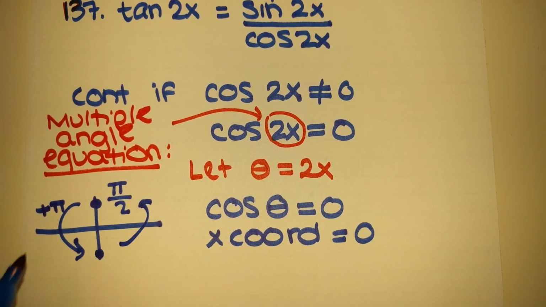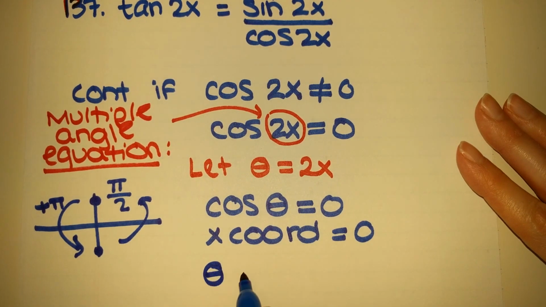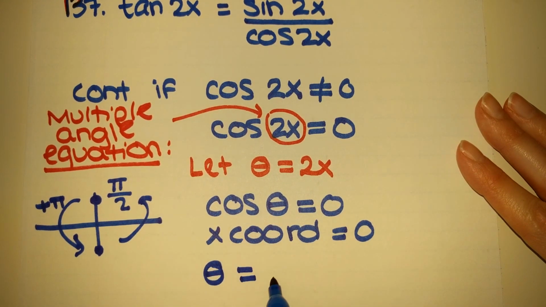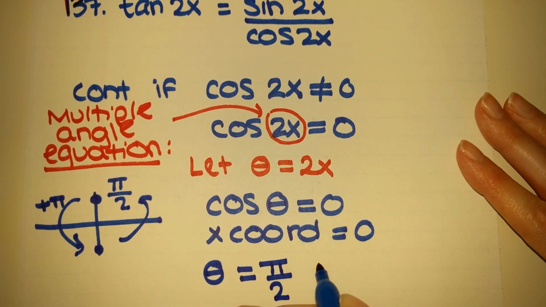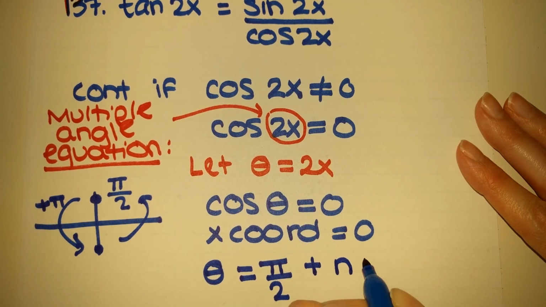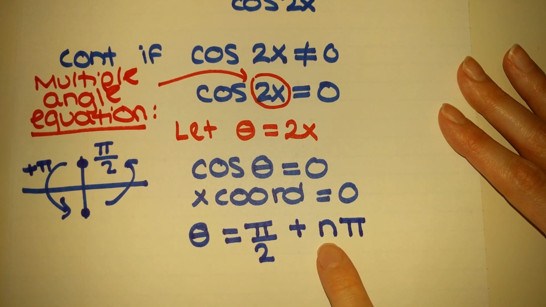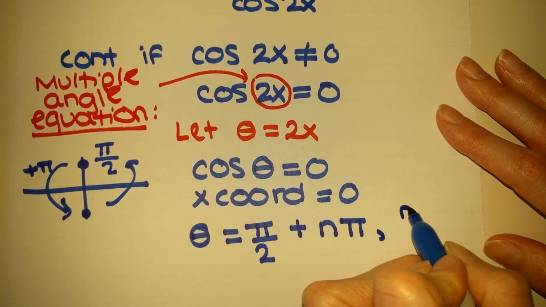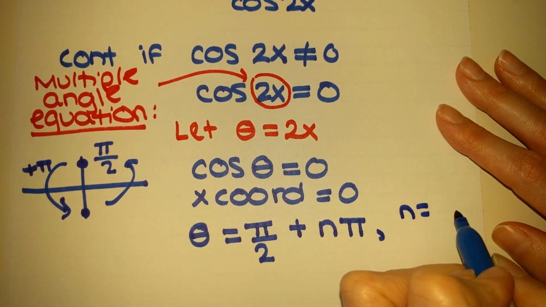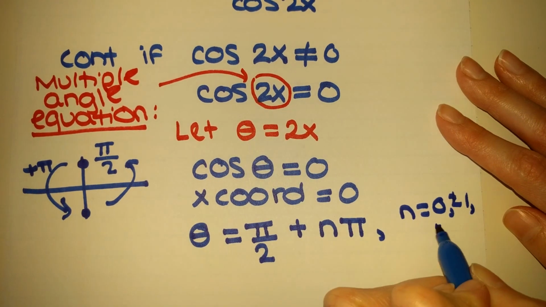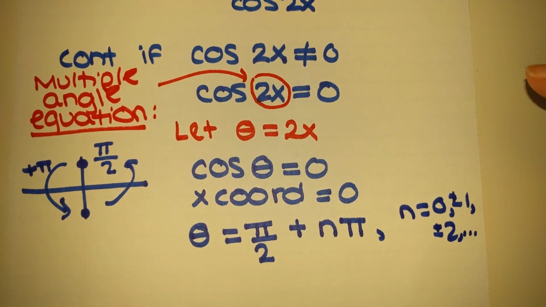If I add another pi, I would also have an x-coordinate of 0. So our solution here is going to be theta is equal to pi over 2 plus any integer multiple of pi. So we represent that with n pi, where n is equal to an integer. So we're talking 0, plus or minus 1, plus or minus 2, dot, dot, dot.